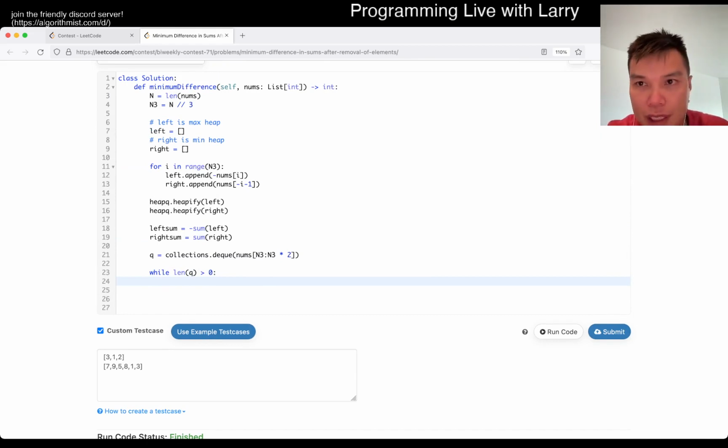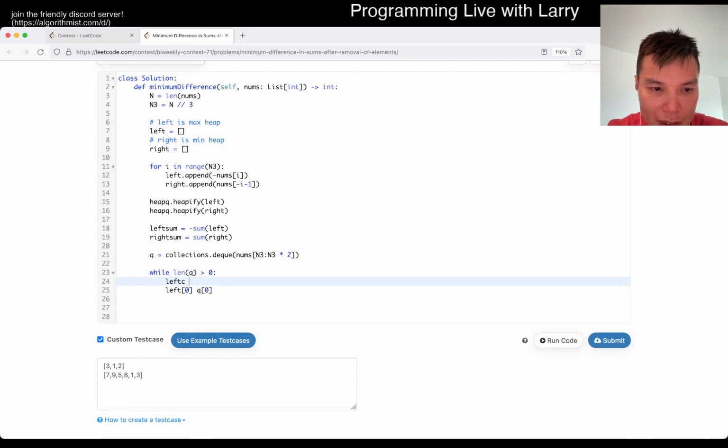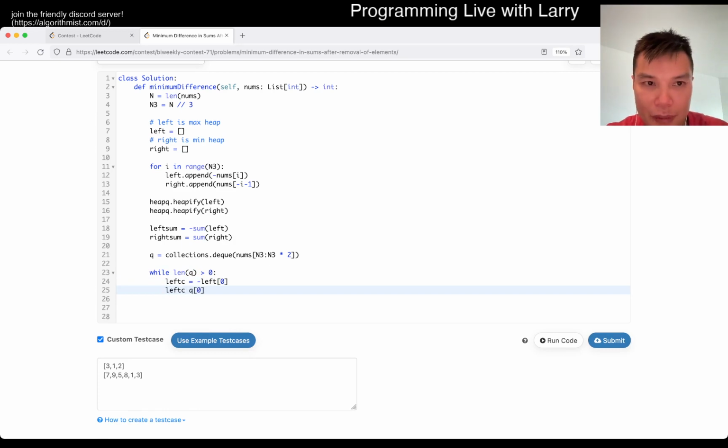Okay. So then item. So the beginning of the queue, and then the max. Okay, so we replace the max with the beginning of the queue. Okay, left candidate is equal to... So that means that we subtract this and then we add this in that row.